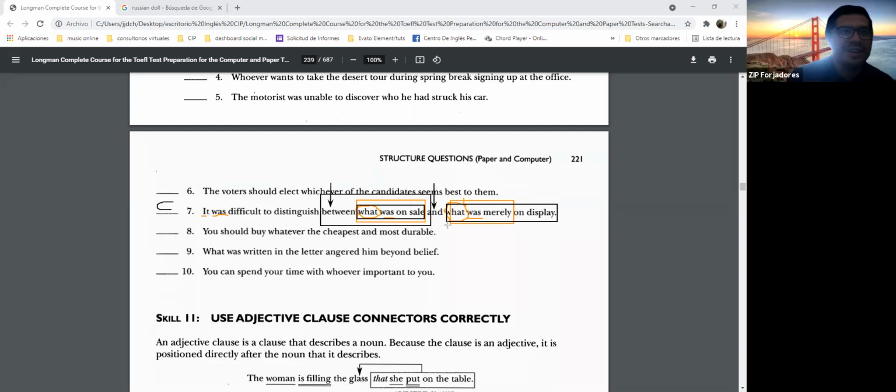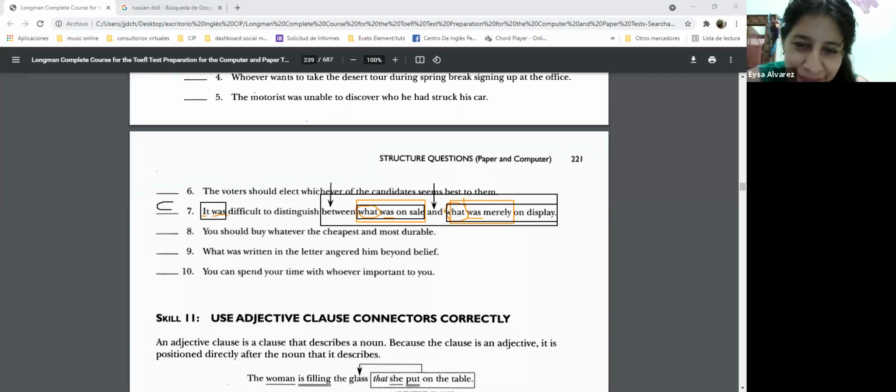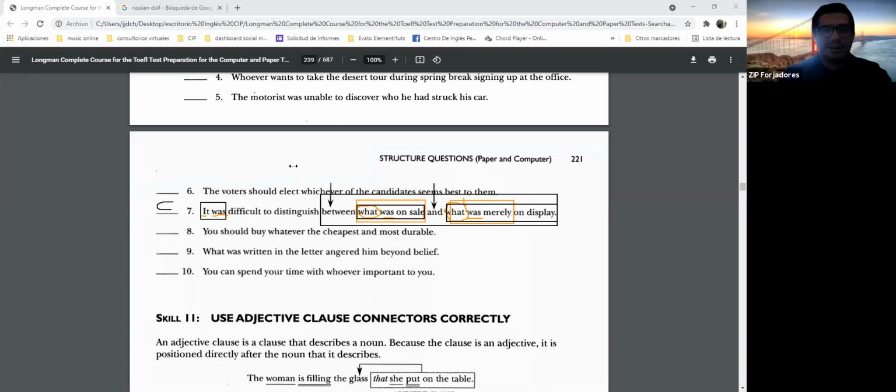You're going to hear it from here to here, all right? The conjunction sentence, if you want to say it like this. And this is subject, verb, and that's it. That's why it's correct. The name of this, between and, is pair conjunctions. We have two kinds of conjunctions: the normal conjunctions and pair conjunctions.